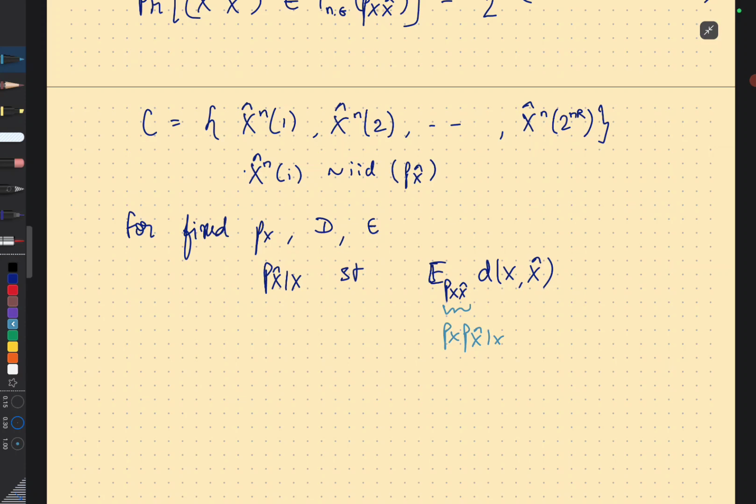Px hat given x is something that we are choosing. We're choosing one such px hat given x such that this expected distortion is less than or equal to d divided by 1 plus epsilon. If you want, let's just choose this to be equal to d divided by 1 plus epsilon. Question?